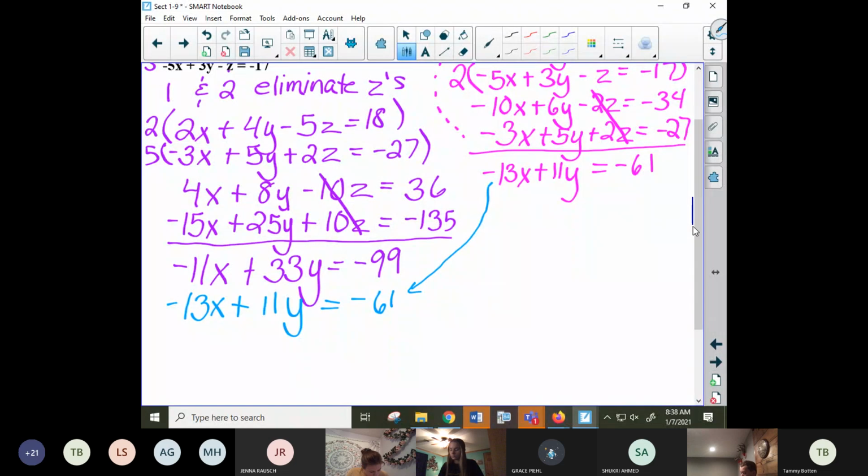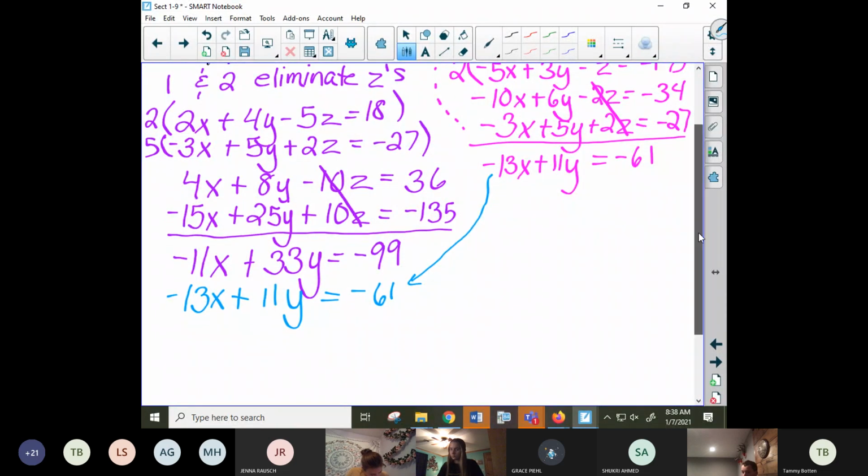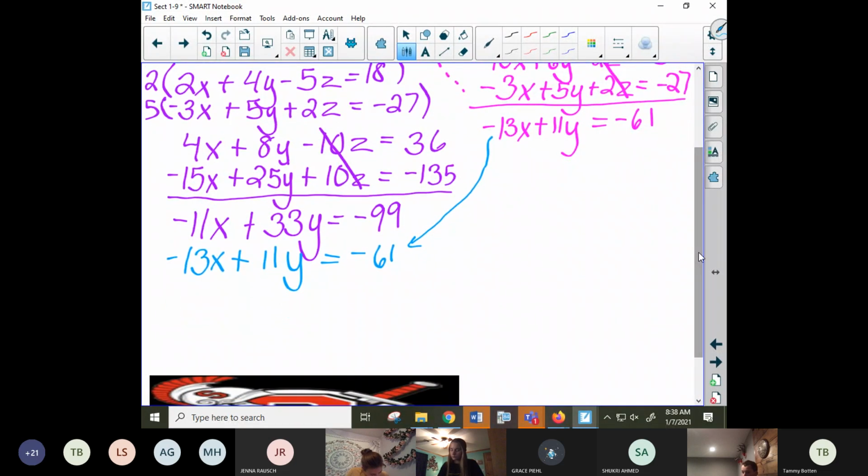Okay. All right. Then what I'm going to do is try to eliminate my y's. Now notice 33y and 11y both go into 33. So if I multiply this bottom one by a negative 3, that will work.